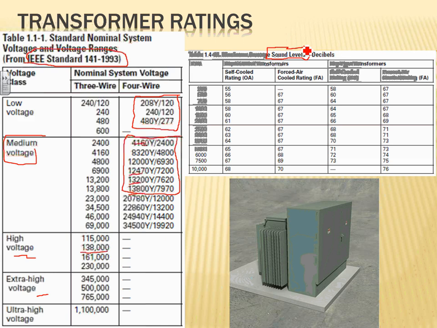I grabbed some of these, and it will tell you, say if your transformer is a 500 kVA transformer, typical, and you are self-cooled, there's no fans, nothing, here's the noise level it's going to be at. The decibels, that's how much noise this transformer will make. Who cares? When you do certain designs for quiet areas, that becomes really good information to have. These are from Cutler Hammer. All the manufacturers publish this data.